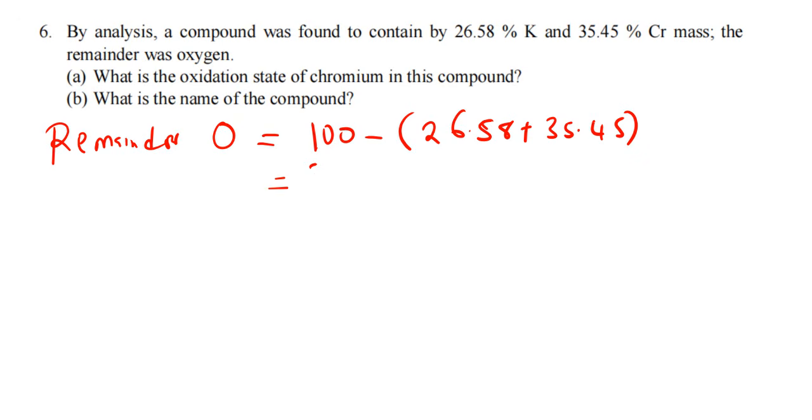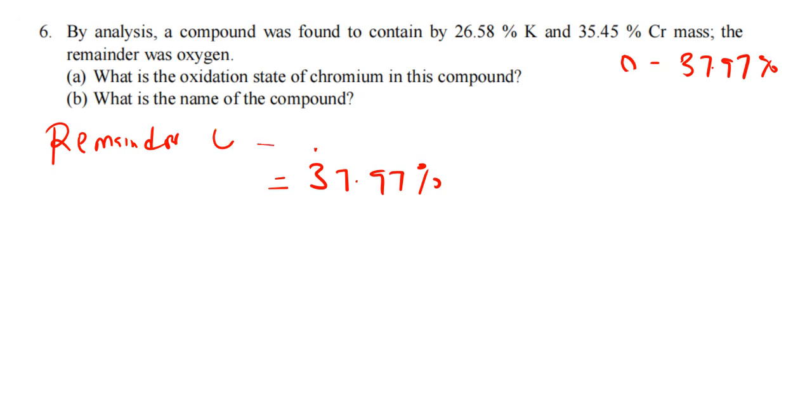So I'm getting 37.97 percent. That will be the percentage for oxygen. Then we're going to assume that all these percentages are masses, like we've been doing. So let me write the oxygen this side, which is 37.97%, and we use it for calculating.